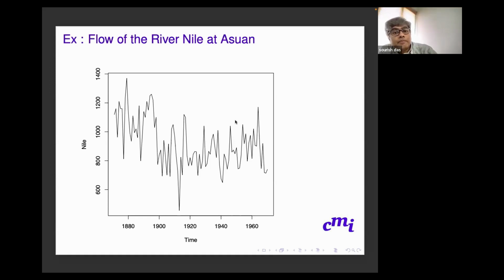Interestingly, this is the annual value of river Nile flow, and somewhere around 1900, there is a sudden drop in the flow level. Any guess why the sudden drop?